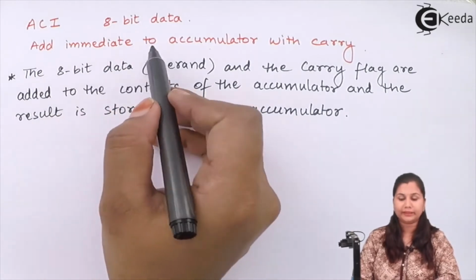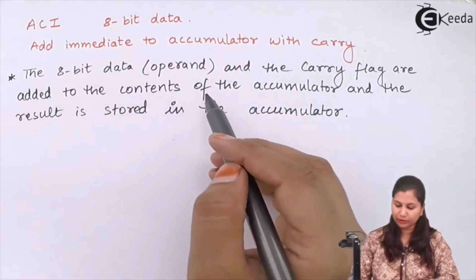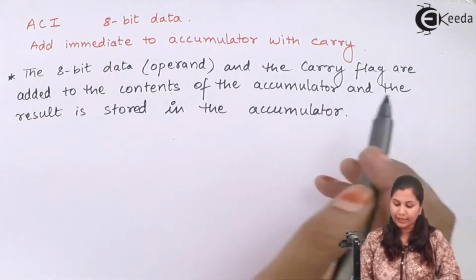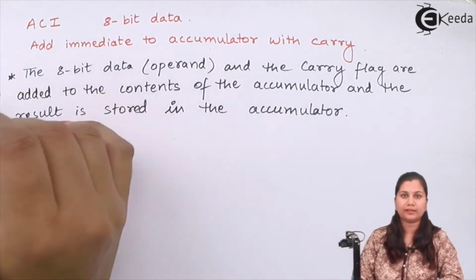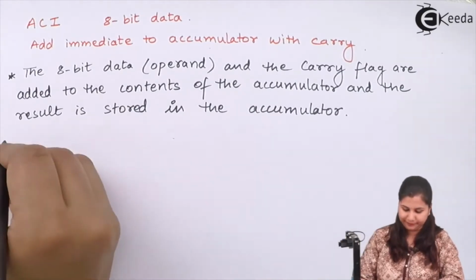So this 8-bit data, which is the operand, and the carry flag are added to the contents of the accumulator, and the result of this arithmetic operation is stored in the accumulator.